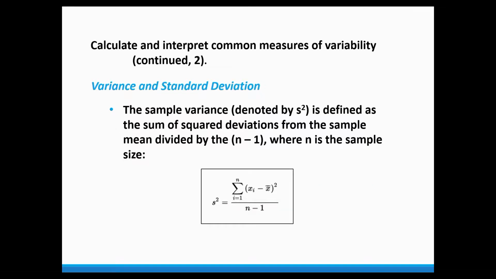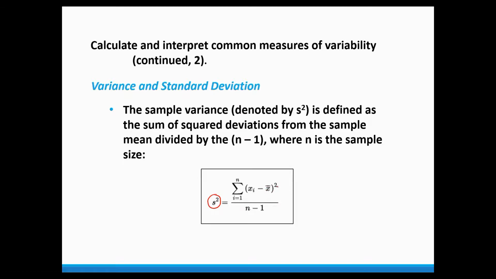Of course, as we've said, it's very difficult to calculate these measures for the population. This is why we try to estimate these measurements using the sample statistics, and we call it S square. It refers to the variance of the sample, and we sum again the difference between the observations and the sample mean.